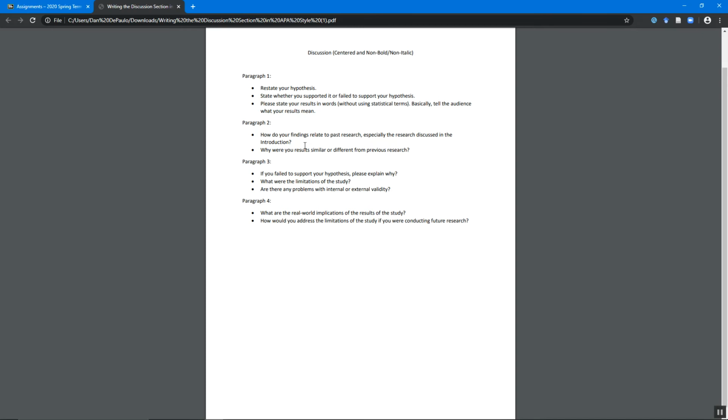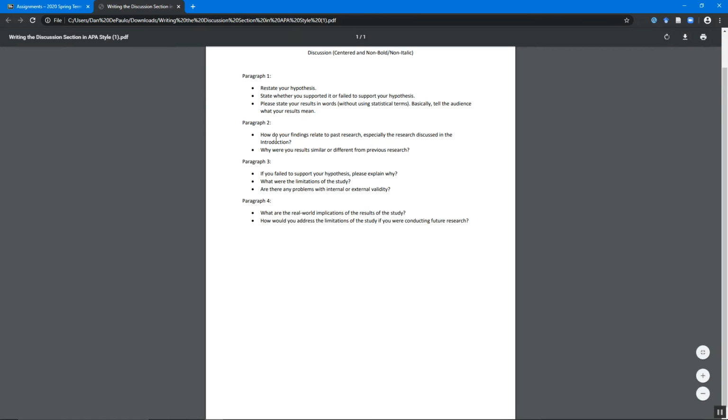So cite the study and tell me that it's different. A lot of these studies are in your introduction. So go back to your introduction, find some of the studies, and tell me, are our results in our class different from what you found in the studies you used in the introduction? So that's paragraph 2, another 3 or 4 sentences.